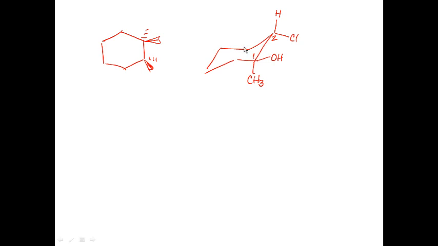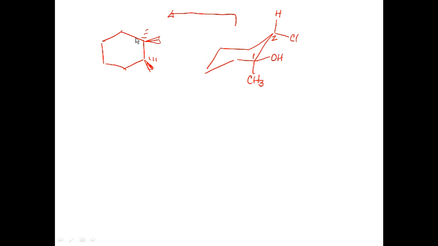Well, what I need to do is convert this chair cyclohexane structure into something like this with the normal cyclohexanes with the bold and dashed wedges, because I just showed you how to do R and S for those. So to convert a chair conformation into a cyclohexane with bold and dashed wedges, it's fairly straightforward.